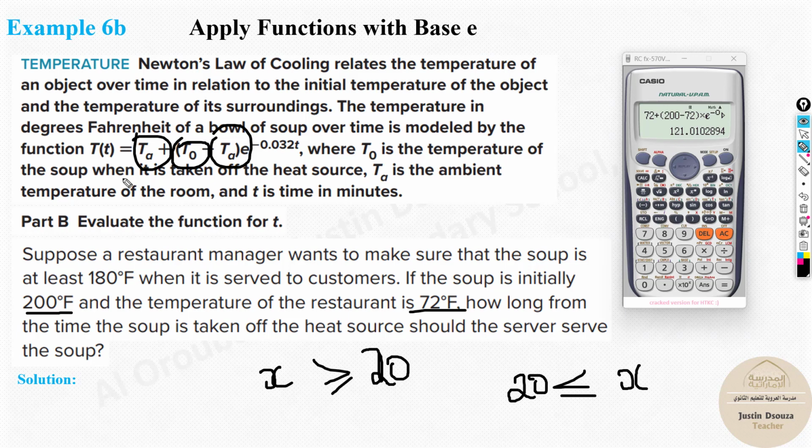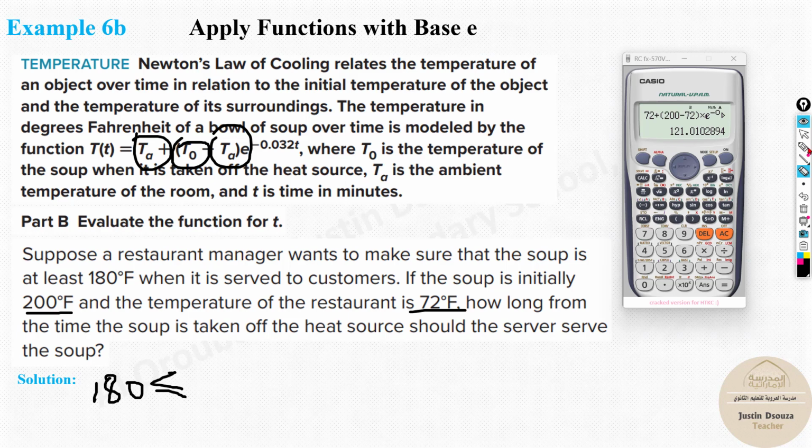Same way over here, this T of t is 180. At least means whatever is there, the equation must be greater than or equal to 180. It can't be less than 180, because 180 is the least amount. So you can see the least is 180. It must be more than 180. Now what is this?